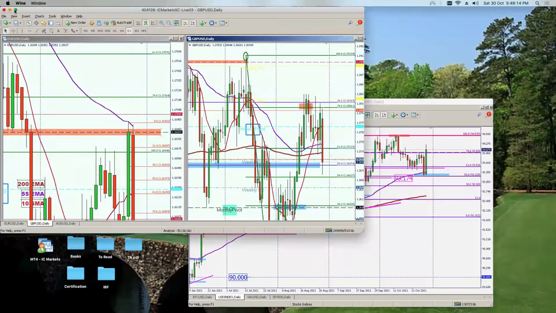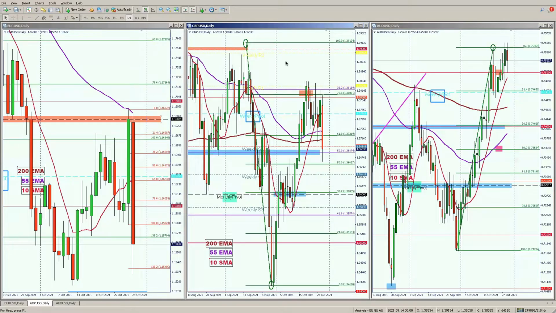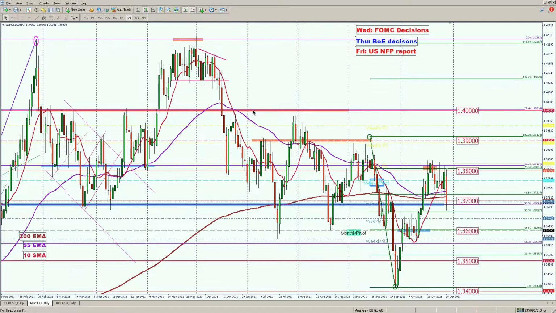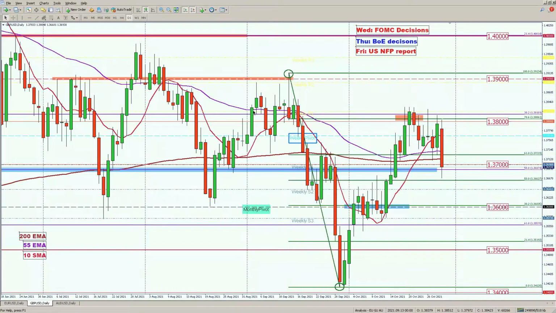All right, let's move back to the cable. And this week is the Bank of England's turn on Thursday. It has been reluctant to dip lower until late on Friday, as with the other pairs.